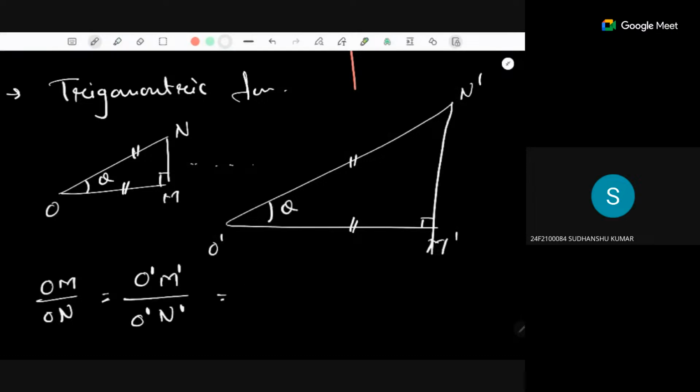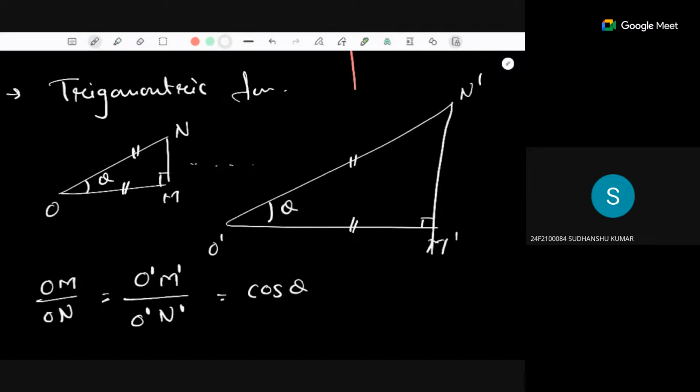And we have named this ratio cos theta, right? Because this is the base, cos theta is the ratio of base upon hypotenuse. This ratio will always remain the same for every right angle triangle with the same angle theta. That's why we have given a special name to this, which is known as cos theta.